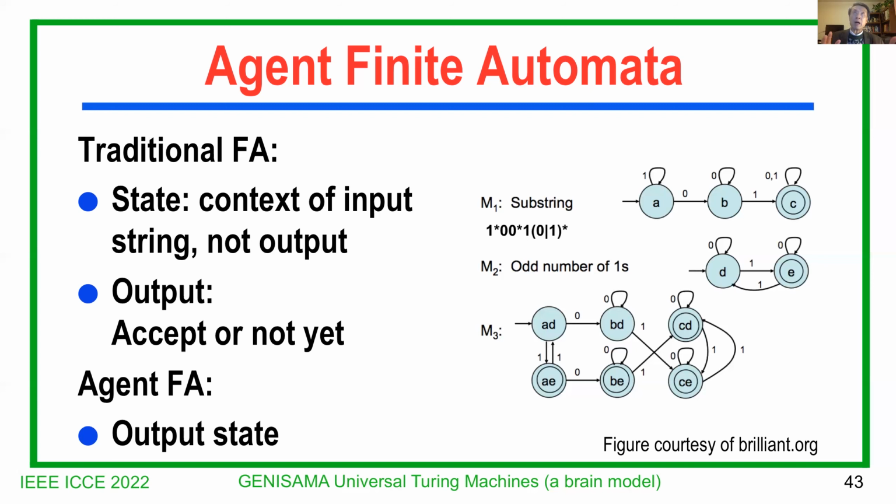We build on our knowledge of the symbolic school, and now we have a little new change, which is agent FA. In other words, the state is included in the output. The action is part of the state, not just accepting or not accepting. The state is the output. Remember, very important: the action is a part of the state, and both are parts of the output.